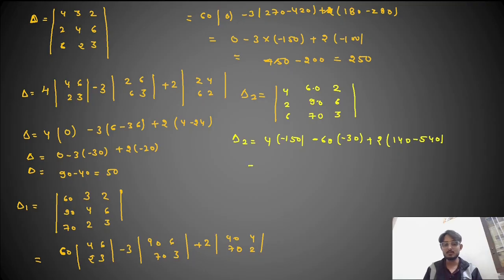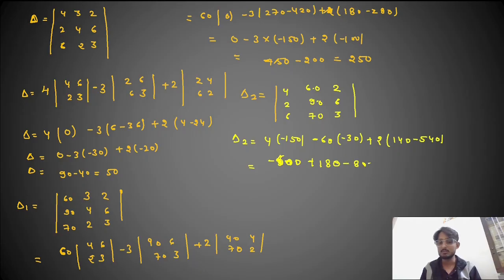So your answer is 15 fours are 60, 600, minus 6 threes are 18, and minus minus plus 180, plus when you subtract 540 and 140, you will get 400, and when you multiply 2 into 400, you will get minus 800.